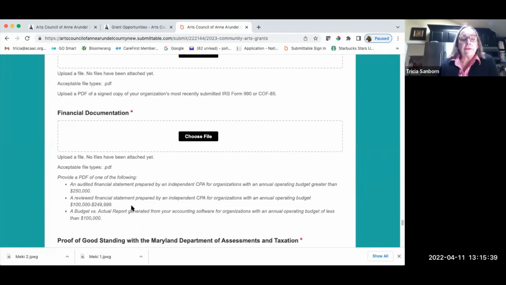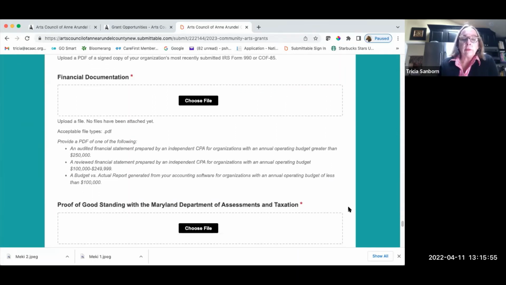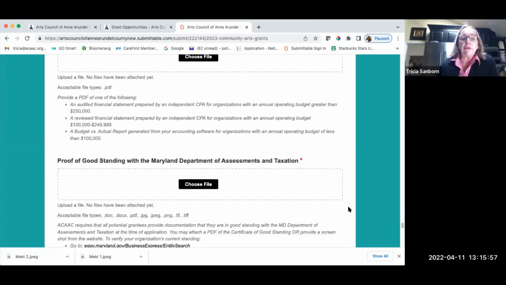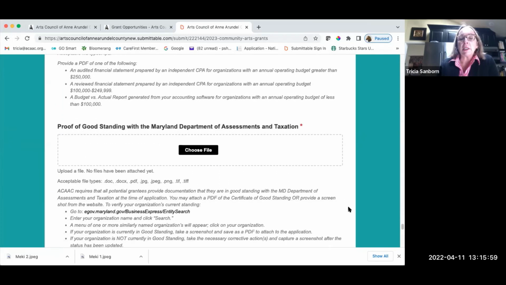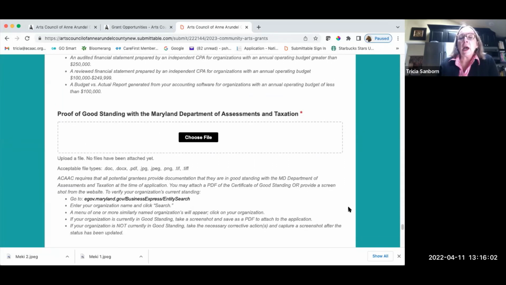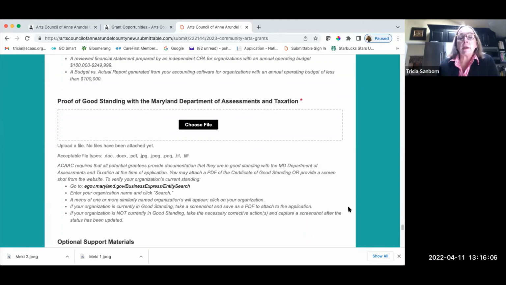It should be a reviewed financial statement between 100 and 250, and a budget versus actual report from your accounting software for organizations with an annual budget of less than 100,000. Here, you're going to provide proof of good standing with the Maryland Department of Assessments and Taxation. Honestly, a screenshot is fine. You do not have to buy a certificate.